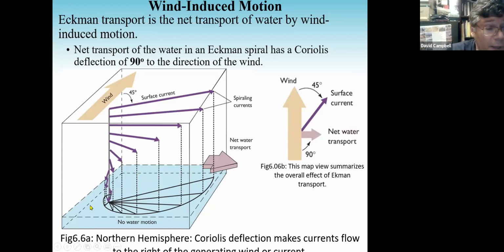Turns out, if we add up all these arrows, the net effect is that water overall is moving sideways, 90 degrees off to the side relative to the direction of the wind. Again, here in the northern hemisphere, that will be 90 degrees to the right. In the southern hemisphere, if this is our wind, it's 90 degrees to the left.